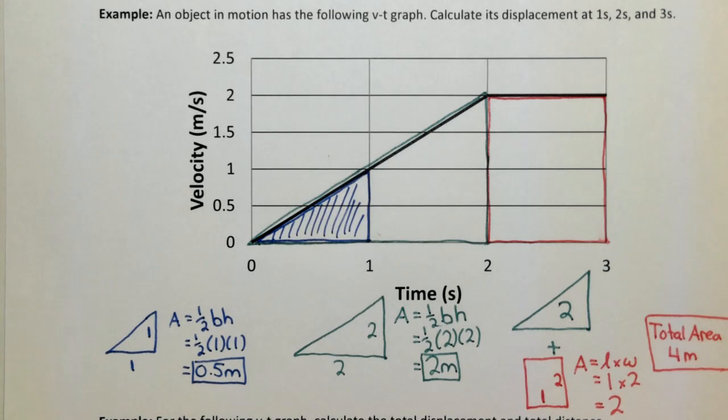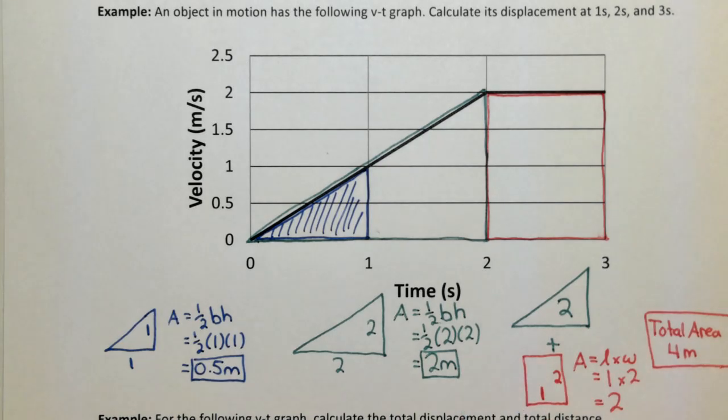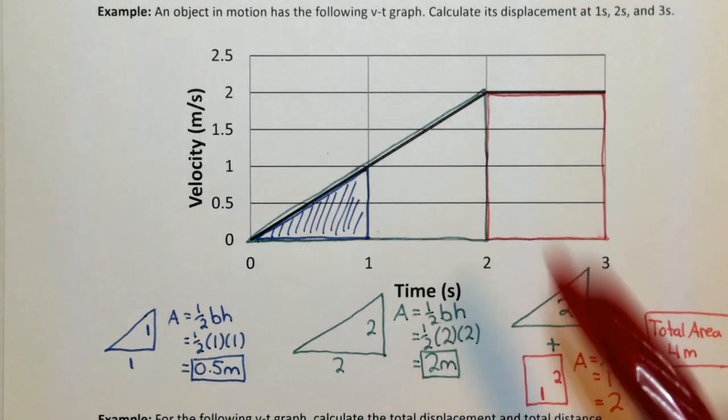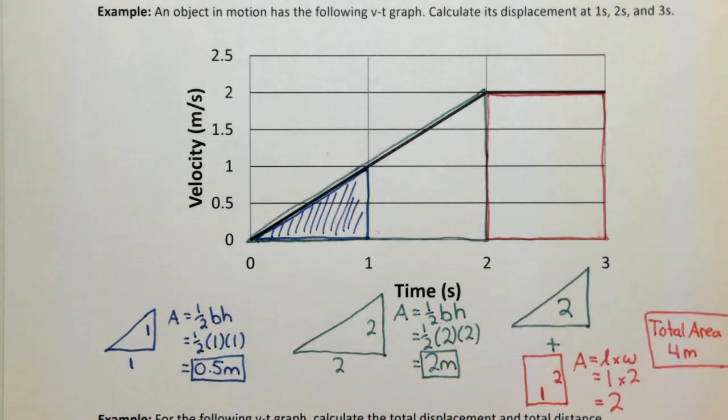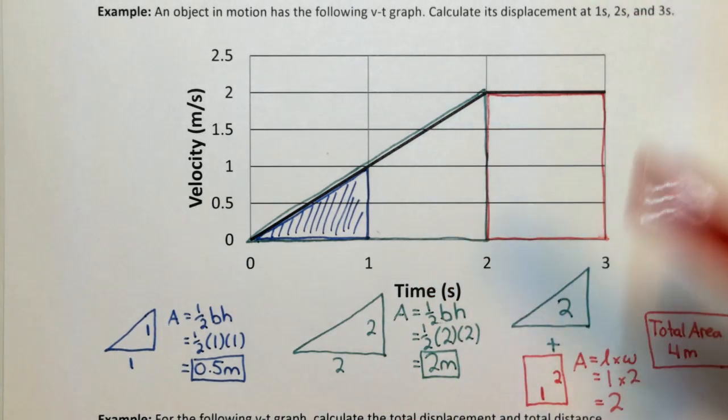You might be thrown off a little bit by these units here. Why am I using meters for area? Shouldn't area be in like meters squared? Remember, we're not talking about the area of this paper or the area of this shape that I've drawn. We are finding the area of a shape, but it represents something else.